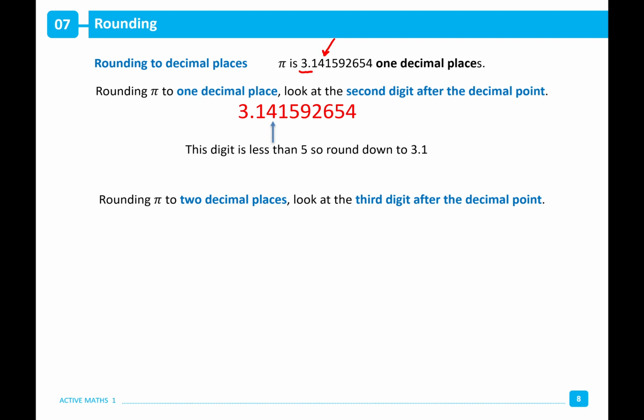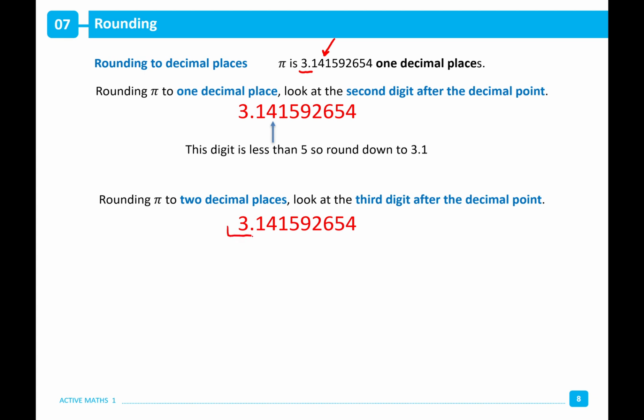Let's look at how we would round this number to 2 decimal places. If we're rounding to 2 decimal places, we keep everything up to the second decimal place, and look at the third digit after the decimal point.